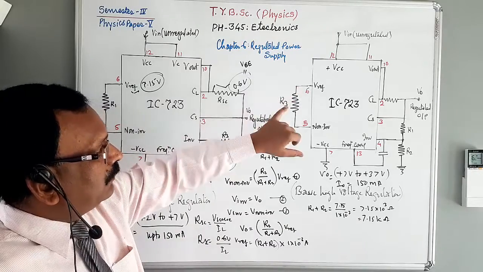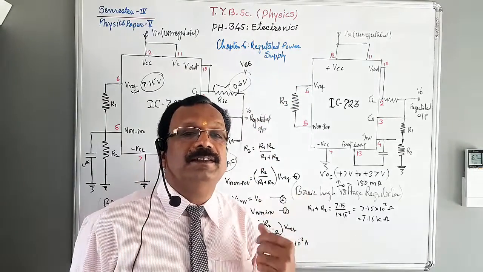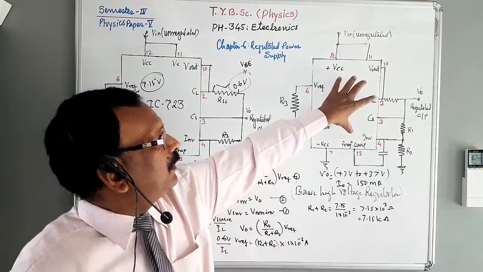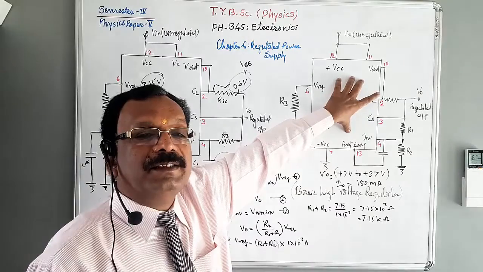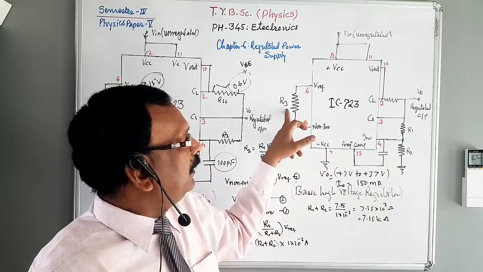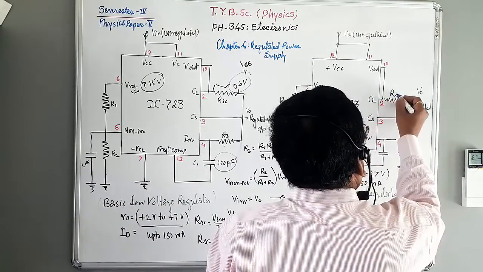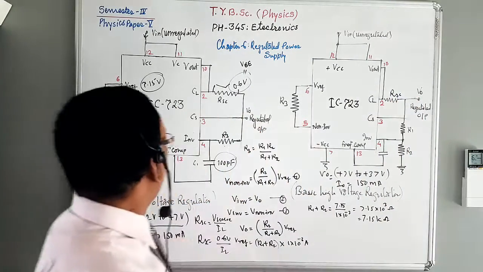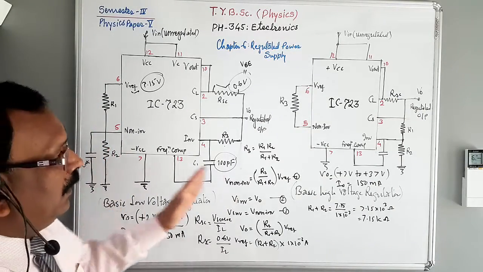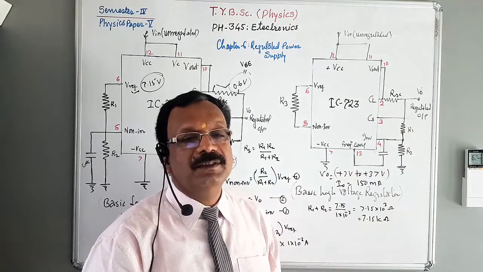Again, when we are going to design such a circuit, we have to select R1, R2, R3, okay, and RSC. Remember that here R1 and R2 are towards the input side, and here R1 and R2 are towards the output side.